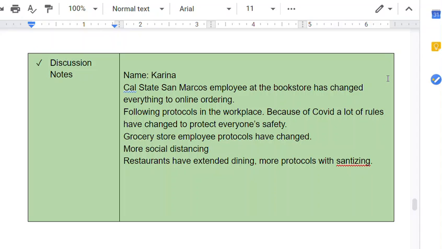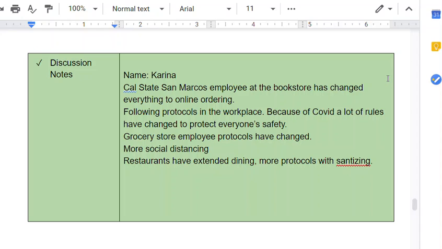One of our group members works at a bookstore at Cal State San Marcos, and everything has changed to online ordering and curbside pickup. So there's not a lot of face-to-face contact anymore, and it's been weird trying to adjust to that.